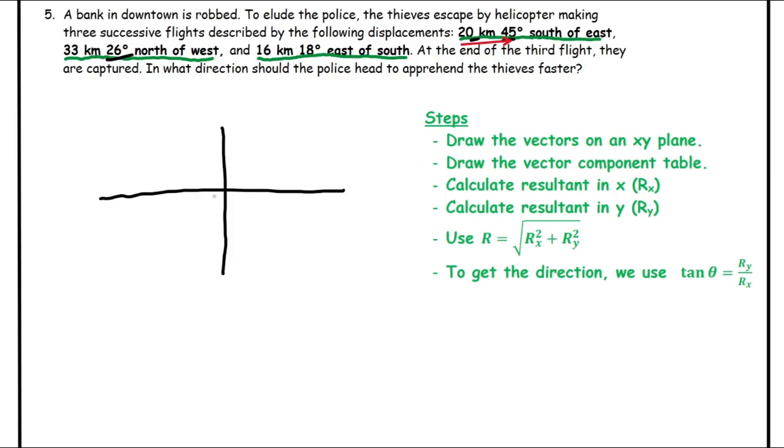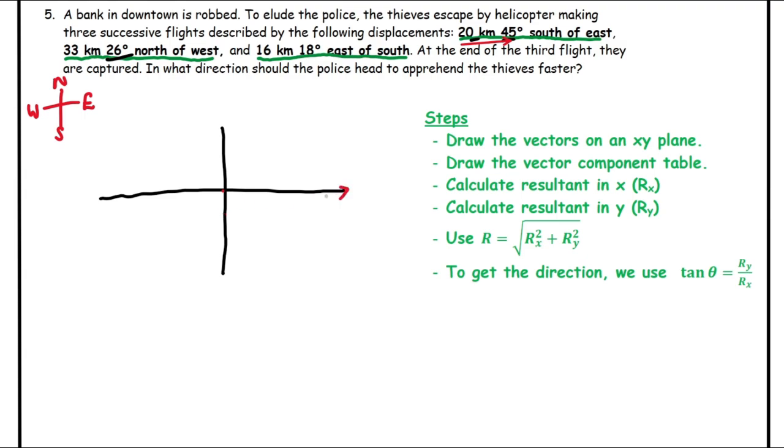So how do we place south of east? Well, let's draw ourselves a small compass here, where this is north, this is east, this is west, and this is south. So to get the south of east, we have to go 45 degrees south of east.